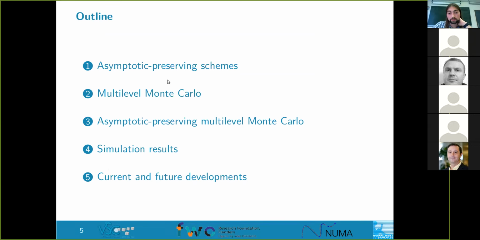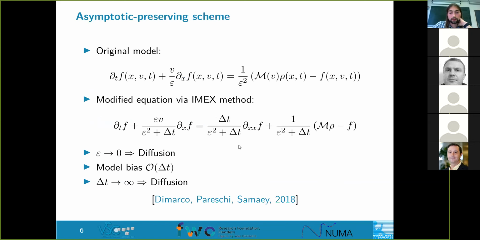So first off, the asymptotic-preserving schemes. Now, the idea is the following. What we're going to do is substitute this original model, this is the same equation I showed you before, with a new equation. Now, this equation comes from a derivation which can be found in this paper. I'm not going to go into detail, but I am going to say what each of these terms mean.